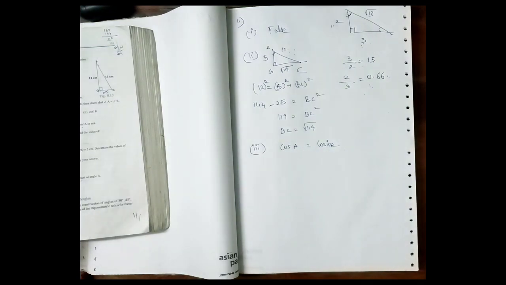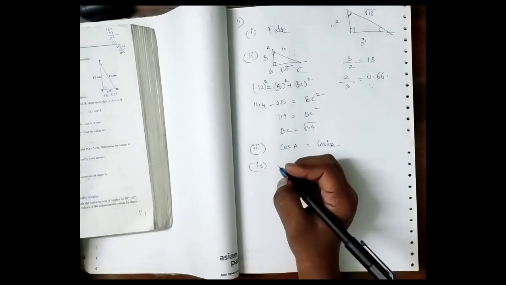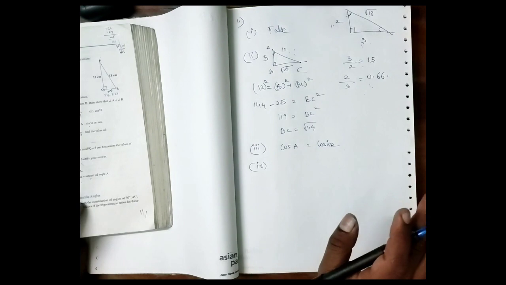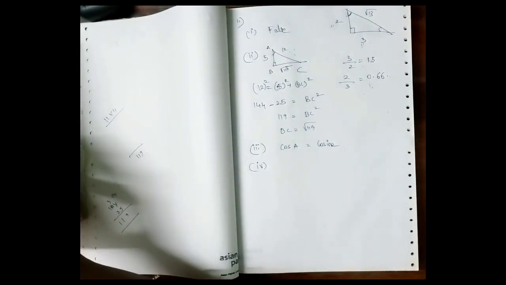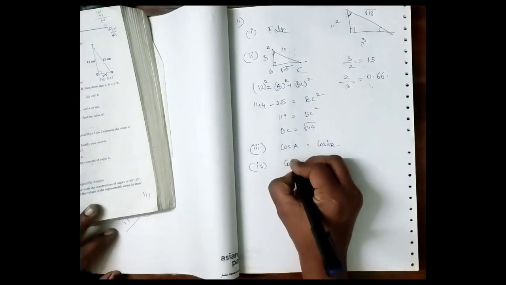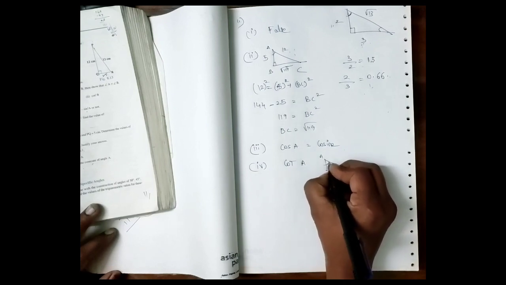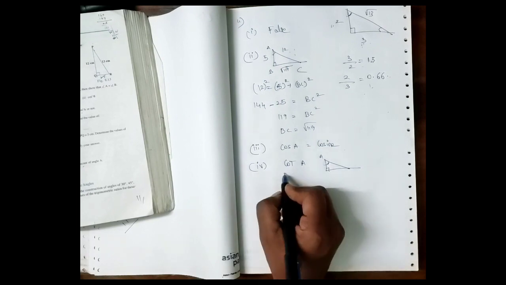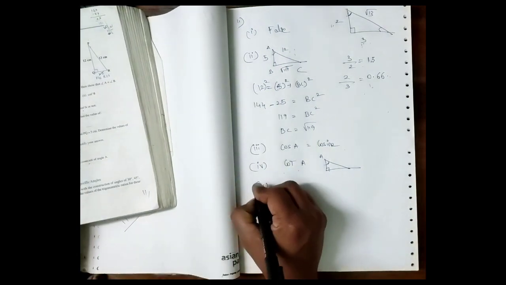So this is false. We're moving on to the fourth one. Cot A is the product of cot and A. False. Cot A is actually not the product of cot and A. It is rather an expression of any angle in a right angled triangle. So it is not the multiplication, or it is not the product.